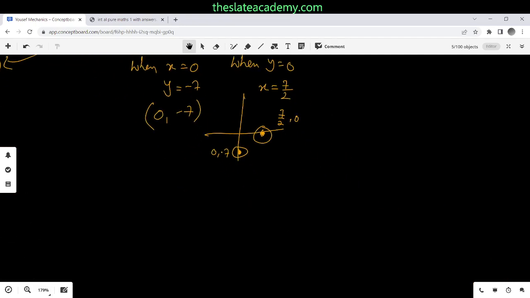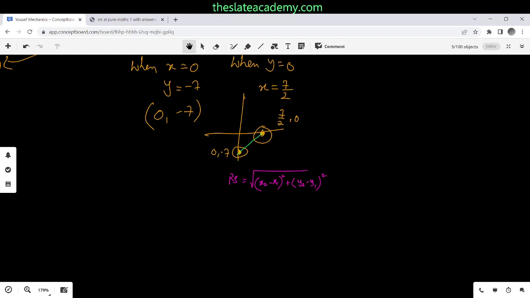RS is equal to the square root of x2 minus x1 whole squared plus y2 minus y1 whole squared. And from where do I get this distance formula? Look carefully over here. Let's consider this is the line RS.